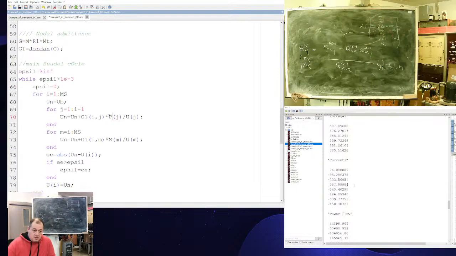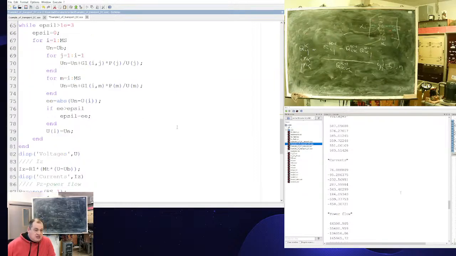Here I'm calling my function to obtain the inverse nodal admittance matrix. And here is the key part.